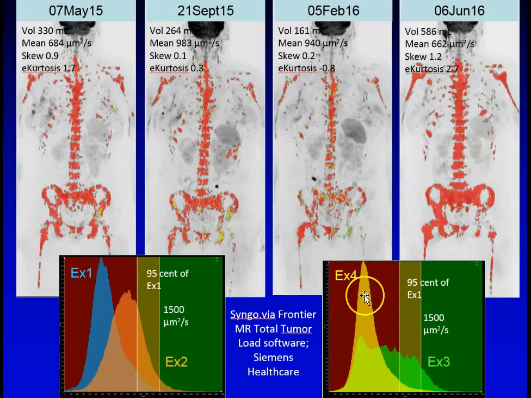So the histogram of examination number 4 and examination number 1 are identical. So there was some response, it lasted for a short time, it came back. This is a classical example of secondary therapy resistance developing.